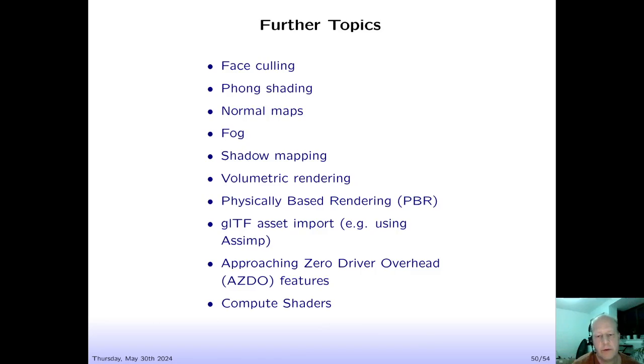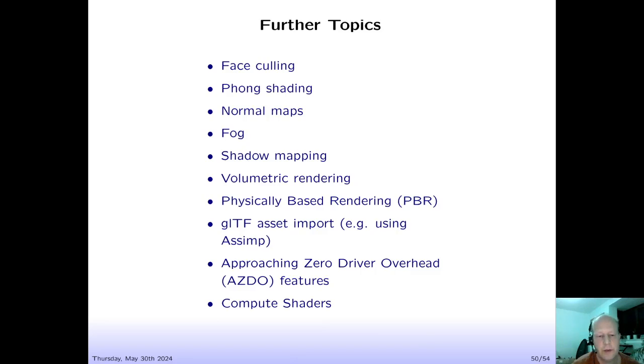And more modern than Phong shading is physically based rendering, an umbrella term for some improved rendering techniques for generating photorealistic images. Then glTF asset import is quite useful. You can use Blender, for example, to create complex surfaces and then import them using glTF.